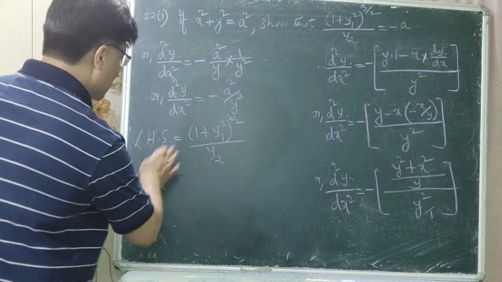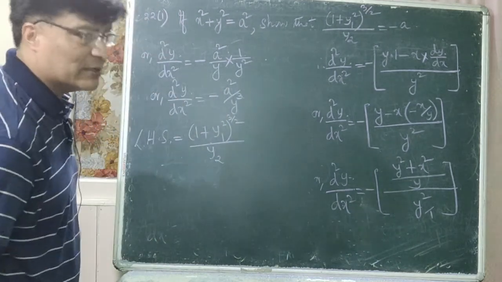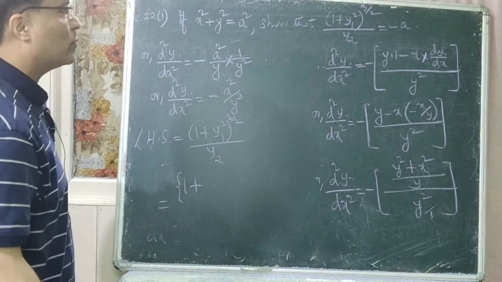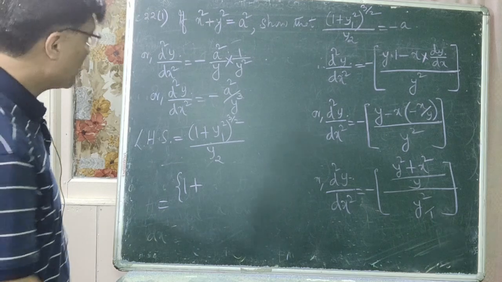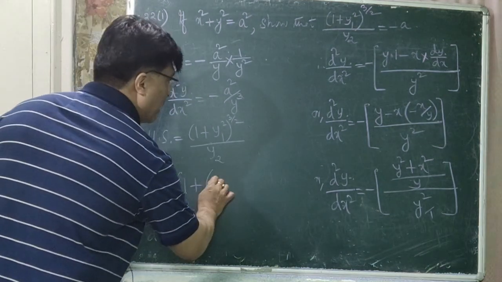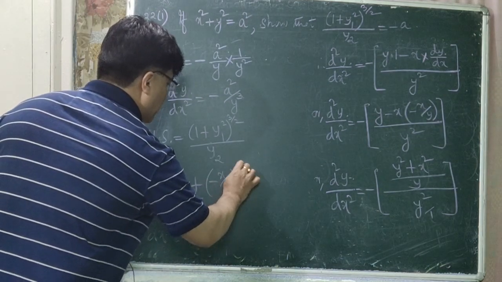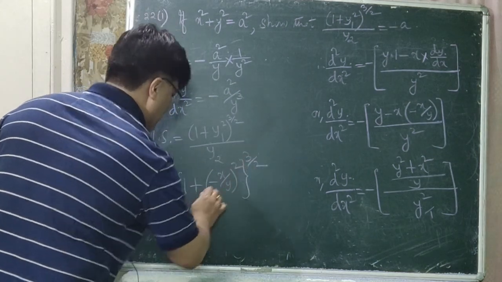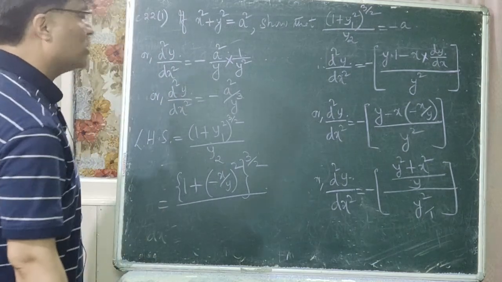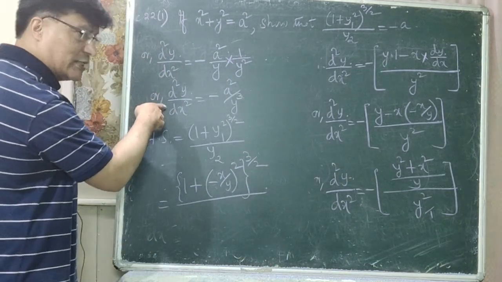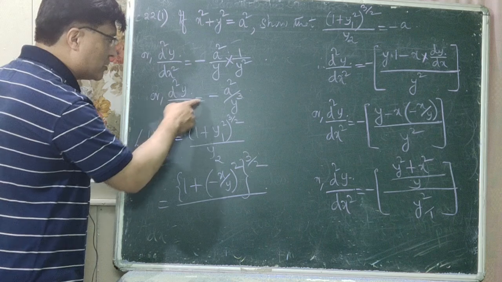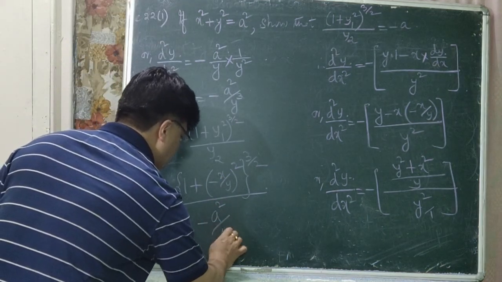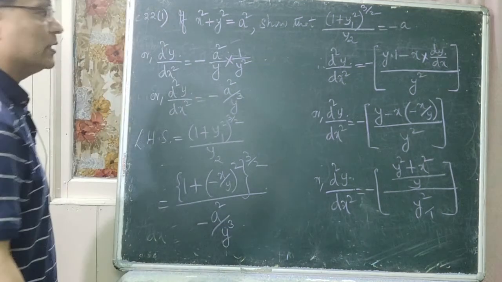So now let us prove this left hand side is equal to minus a, which is equal to 1 plus, actually what was y1? y1 was minus x by y whole square. Second bracket close, again whole to the power 3 by 2 is there. Whole divided by, what is y2? The value for y2 is here. That is d2y by dx square is equal to minus a square by y cube. This is minus a square divided by y cube.